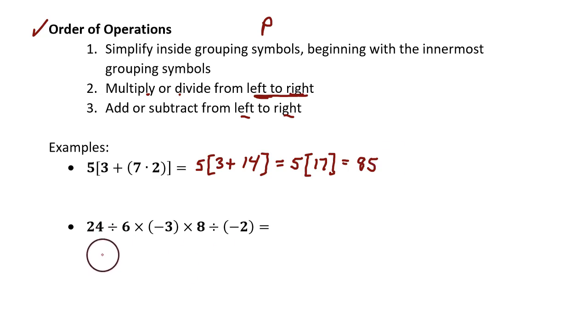Now in the next example, there are parentheses, but when you look in the parentheses, there isn't anything to do. These parentheses are only there to help the readability of the negative numbers. So this problem really only has dividing and multiplying. Let's go left to right. 24 divided by 6 is 4. And then everything else is still in the question.